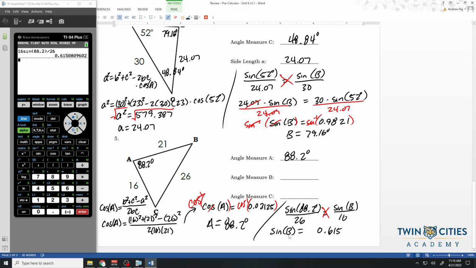And then to get B out of that sine, let's do the sine inverse. So we'll get B is equal to sine inverse of this, which is 37.957. Let's call that 37.96 degrees.